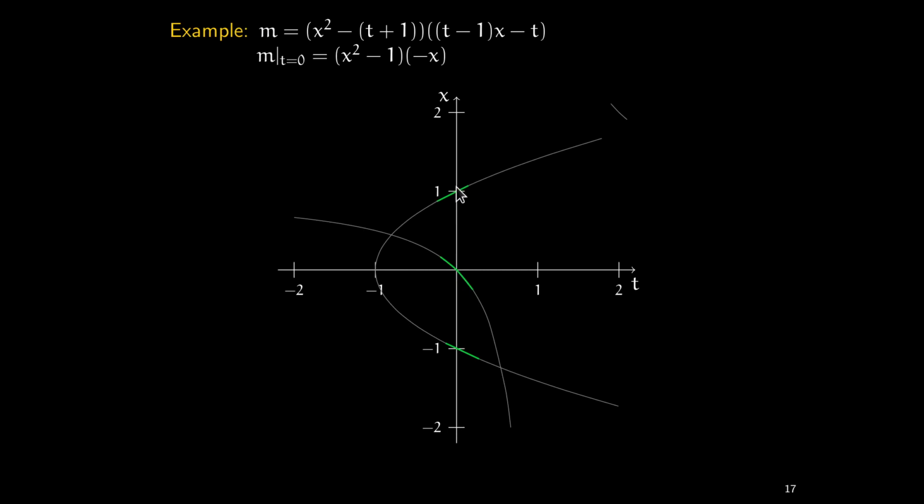But in the neighborhood of these roots of this polynomial, this curve can be described locally as a function that maps t to m. So it will map 0 on this axis to the roots 0, 1, and -1.